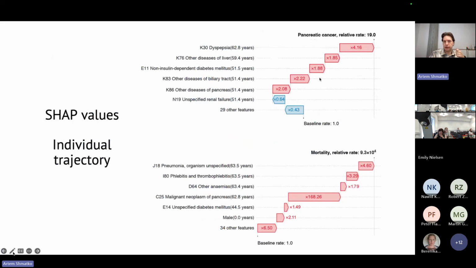Those with red boxes that are associated with the increased chance of pancreatic cancer are various digestive system diseases or conditions. Similarly, one can do the same type of analysis for predicting the mortality risk. In this case, the biggest contributor would be pancreatic cancer, which massively increases the mortality risk.